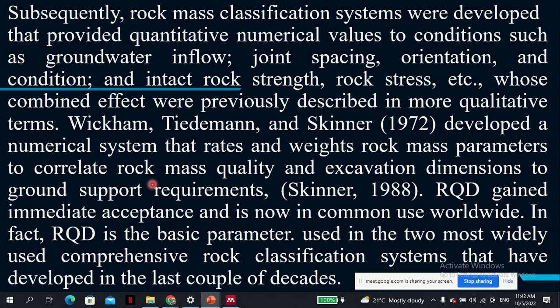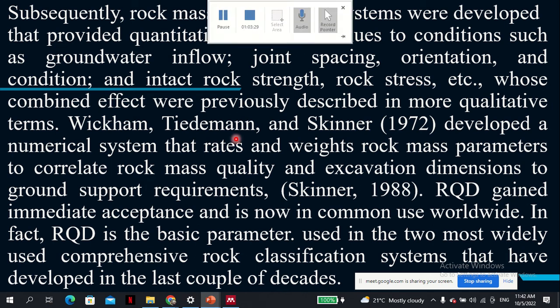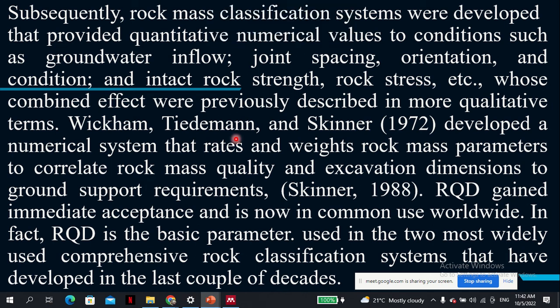However, if you cannot recover these, then that shows the quality of the rock you're talking about. So on the basis of whether you can recover lengths of 4 inches or not, there is some percentage you calculate. For example, if you have recovered one meter, then you count the pieces that are 10 centimeters or more.